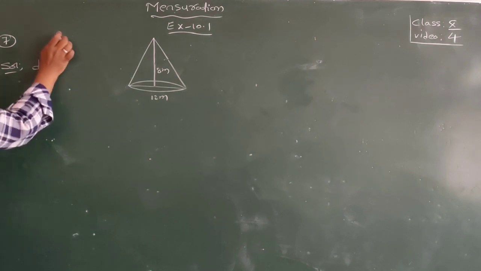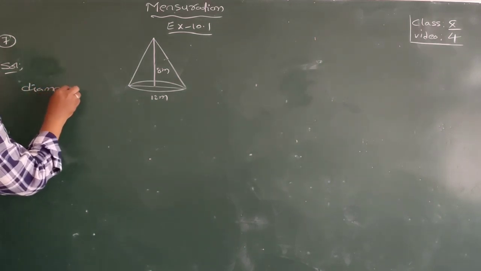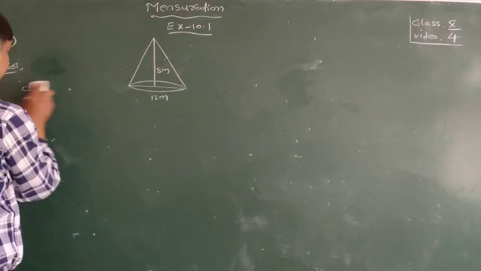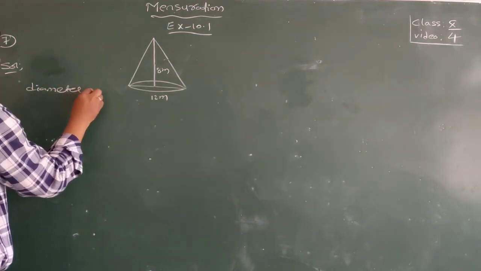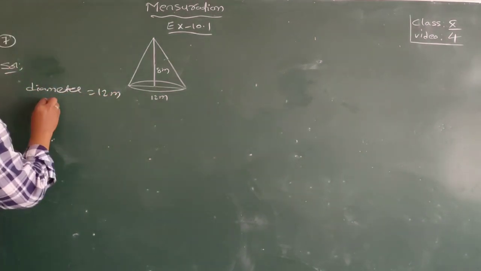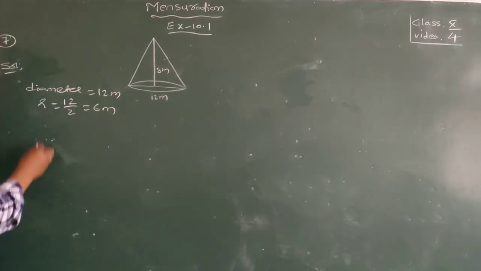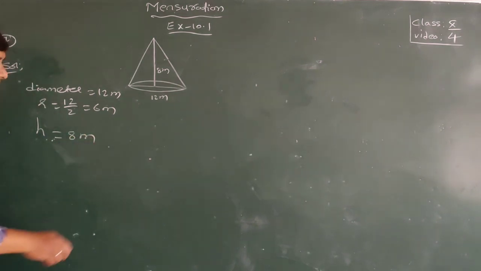Diameter of the heap is 12 meters, then radius is 12 by 2, 6 meters. Height of the heap is 8 meters.